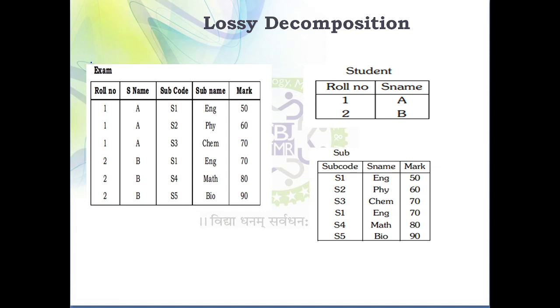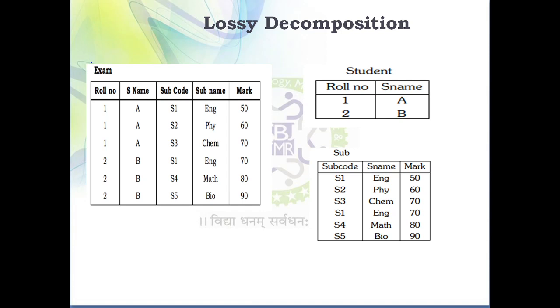Suppose I ask you, I want to get the marks for roll number 1 in subject English. Can you get this? Suppose you have these 2 tables, student table and subject table. Can you identify how much marks the student with roll number 1 got in subject English?